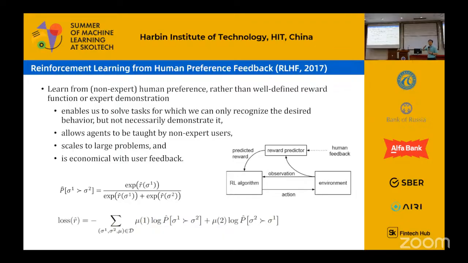For those games, you have a very clear reward signal, like the scores displayed on the video screen, or whether you win or lose at the end. So you have a well-defined reward signal. But in many practical applications, we do not have a well-defined problem.